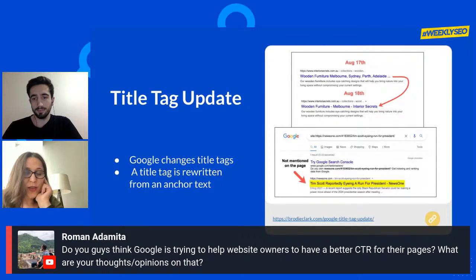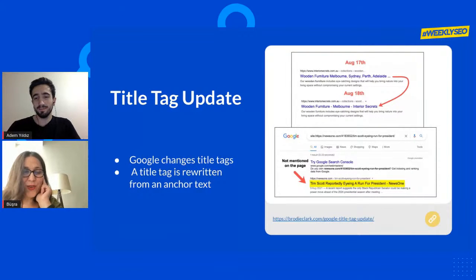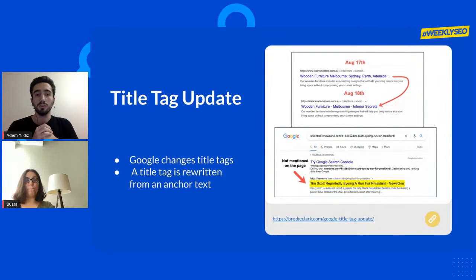Do you guys think Google is trying to help website owners to have a better CTR for their pages? What are your thoughts and opinions on that? So Adem, let's start with you. Do you have any idea about it? What are your thoughts? Yeah, actually, it's also connected with Emre's question. It's quality content, and we can say that Google is trying to increase their CTRs also, because it's not important just to optimize the meta title.